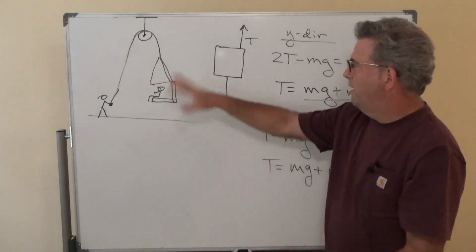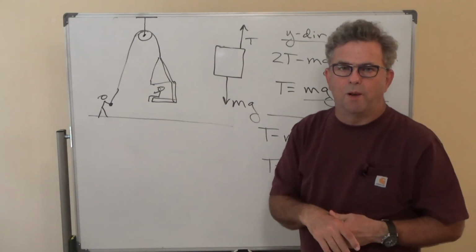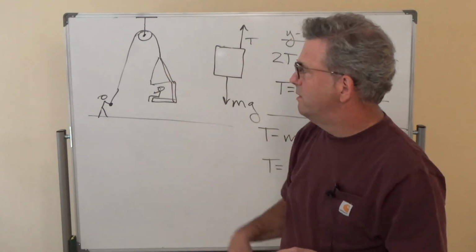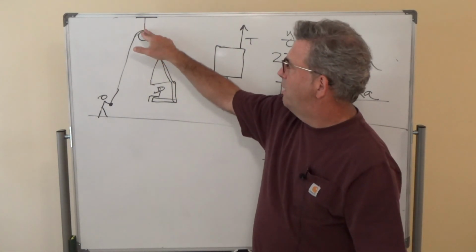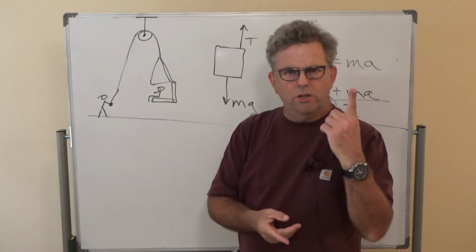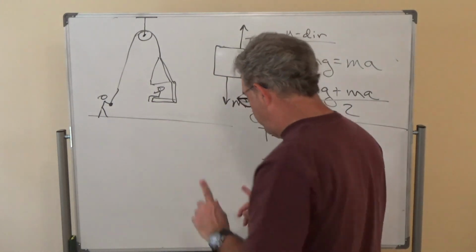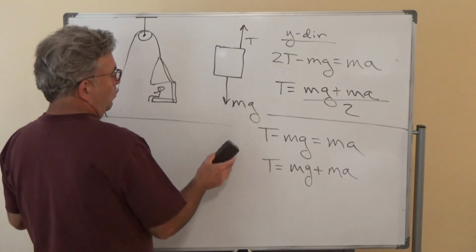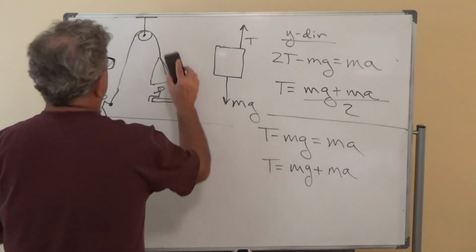All right, and you can get into all kinds of fun stuff with this bosun's chair, different scenarios with different pulleys. You can also look at how much... That's a good one too. Let me look at that for just 1 second. In case 1, I'm going to leave these up here.